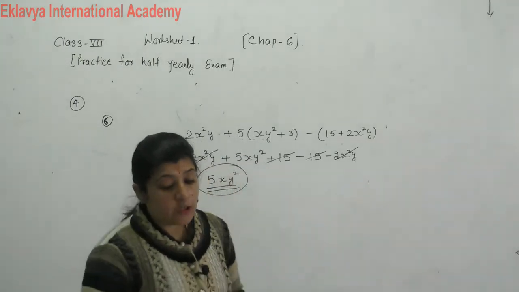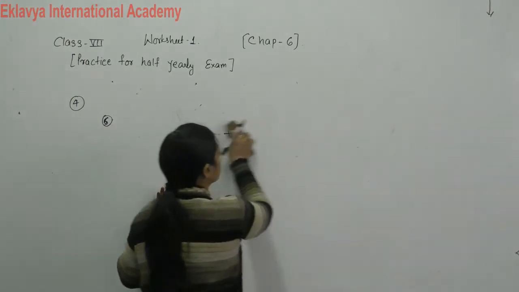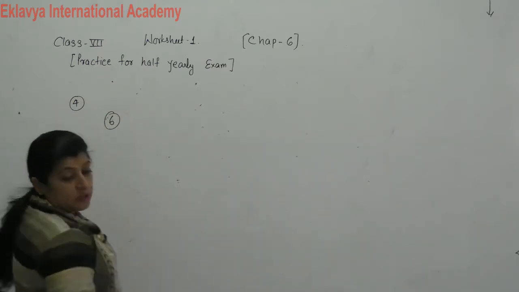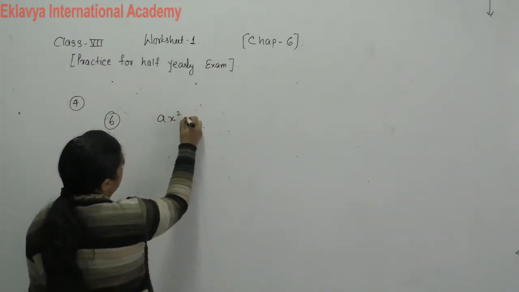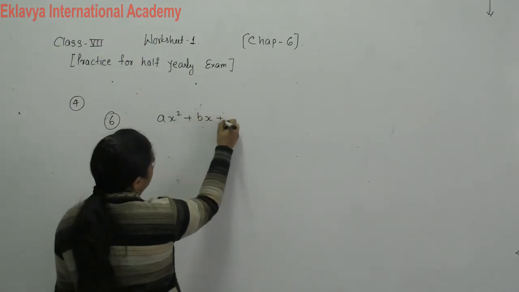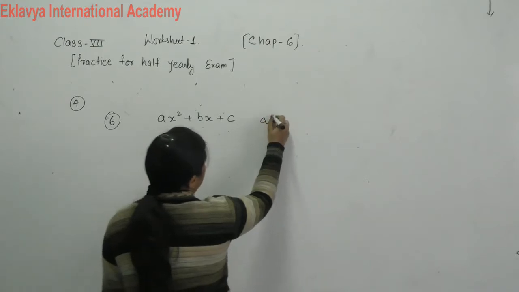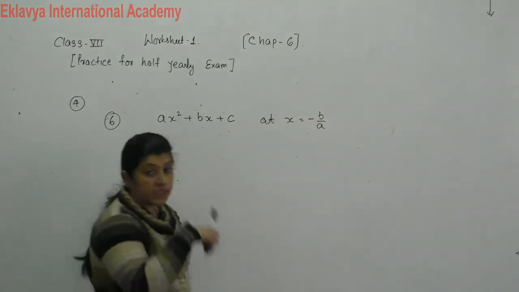Next, see the value of ax square plus bx plus c at x is equal to minus b upon a.